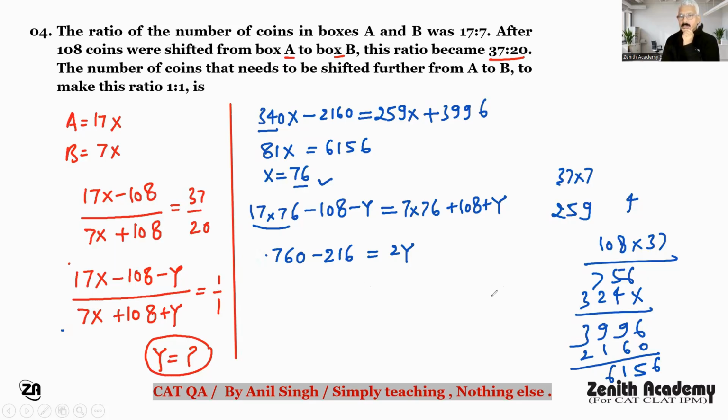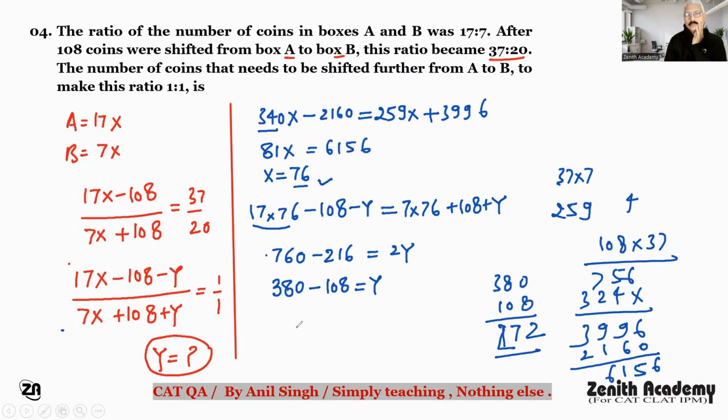So 2y equals 544, and 544 divided by 2 is 272.